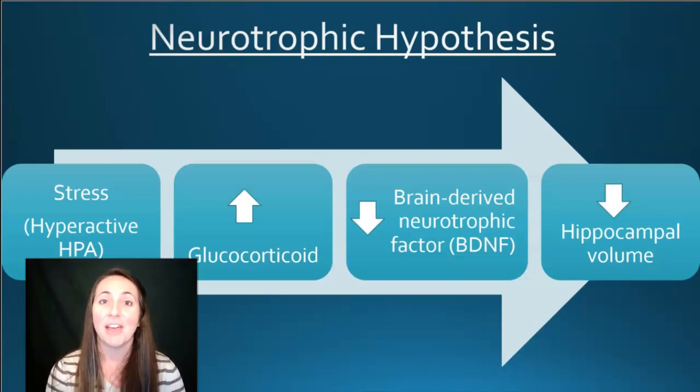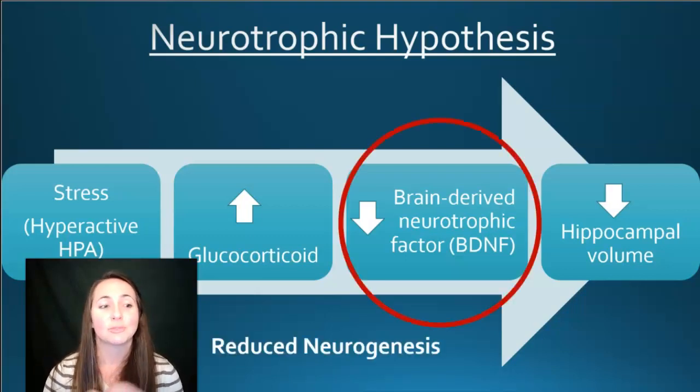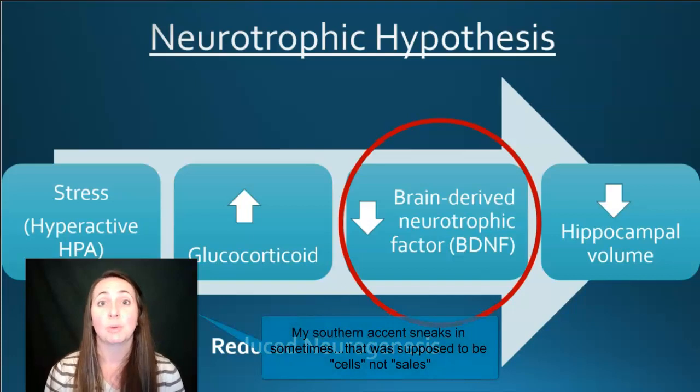We'll definitely talk about that in more extent a little bit later, but the idea here is that you're just reducing neurogenesis in the brain, which puts the brain at more risk for experiencing depression because it's not able to generate those new fresh cells like we would expect to see.